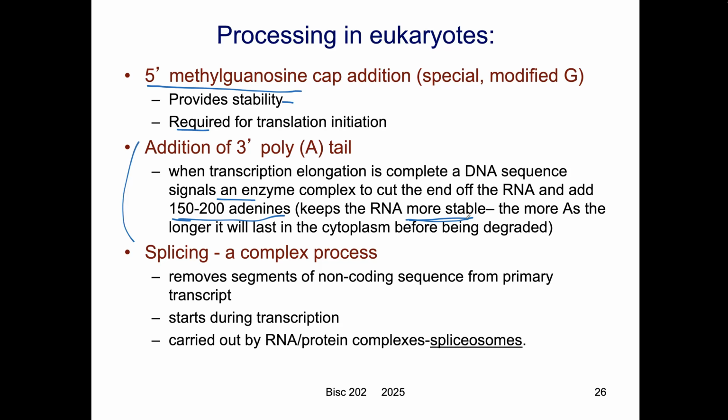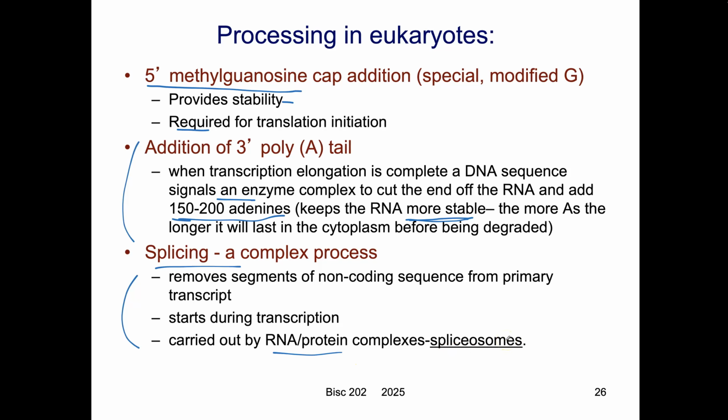RNA is inherently, naturally less stable than DNA is, and so these are little tricks that the cell plays to keep it stable long enough for it to do its job. And then there is splicing, and it's a complex process, and it's carried out by RNA protein complexes called spliceosomes.